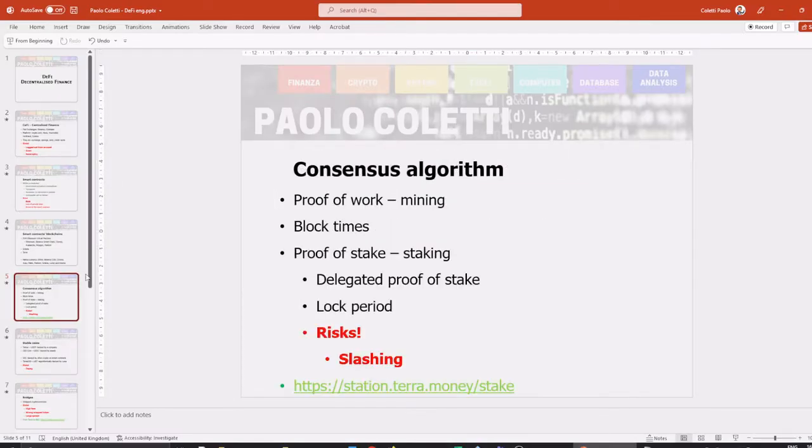Okay, let's talk about consensus algorithms. When we were talking about Bitcoin, we saw that its consensus algorithm is proof of work, which leads to mining. Several people are asked to do some calculation, and the first one who manages to find a solution receives the prize. This is mining.